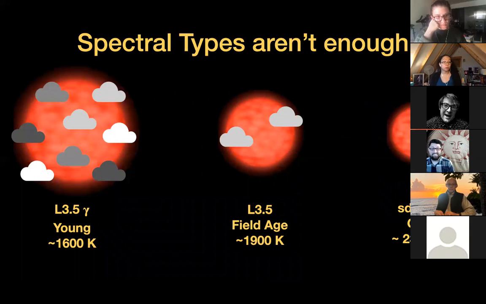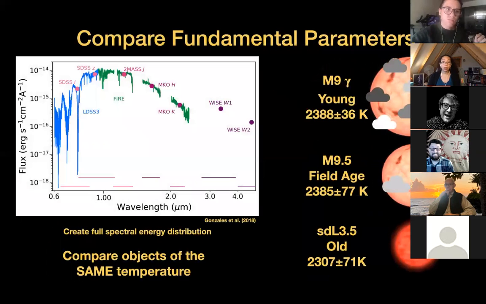That's useful if you want to probe how metallicity affects your spectral features. We also see they have 3 different ranges in cloud coverage, where young objects are likely very cloudy, while old objects are likely cloudless. And probably the most important thing is that these objects are 3 different temperatures, and it's temperature that's driving the atmospheric chemistry.